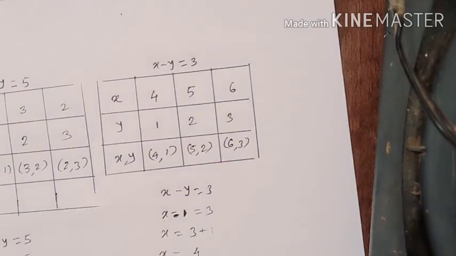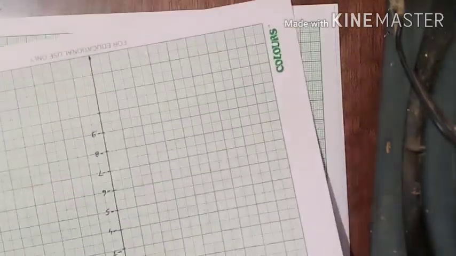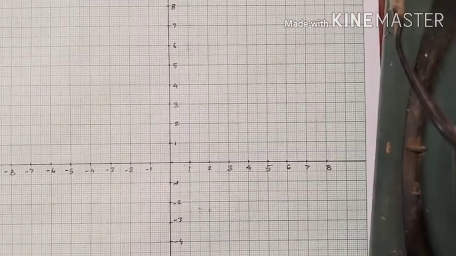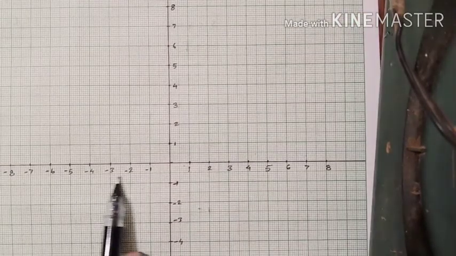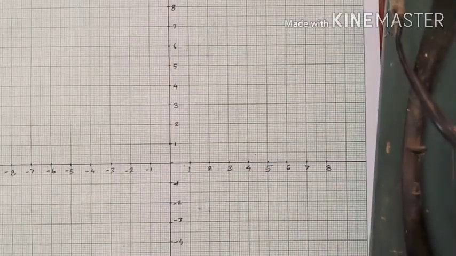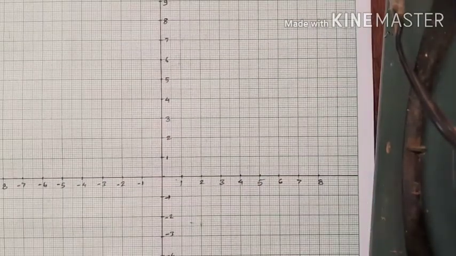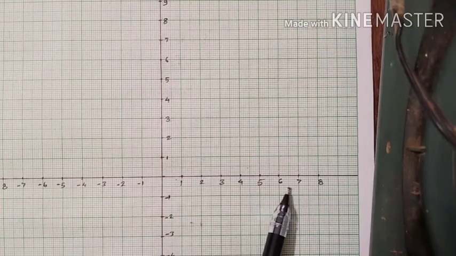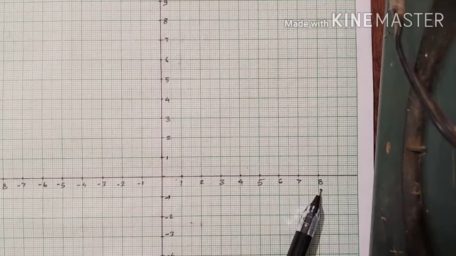Now boys and girls, you have already drawn the graph and we have to plot. In this way you have drawn the graph. It is an x-axis and it is a y-axis, and you have to write the points here: 1 2 3 4 5 6 7 8. These are the positive numbers, and the positive numbers are at the RHS side.